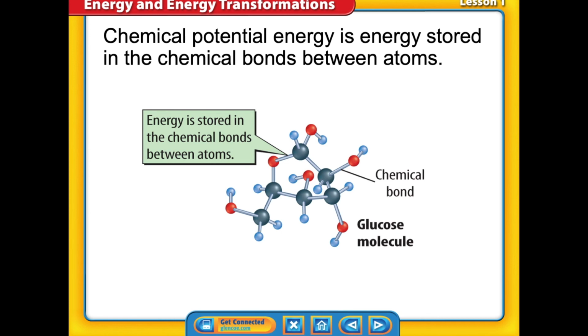And glucose then is released, and these chemical bonds are broken in your bloodstream as you burn sugar when you're moving. So glucose is very necessary, and that energy is necessary so that you can run across the playground, you can run up and down the basketball floor. It's the energy of chemistry between these atoms.